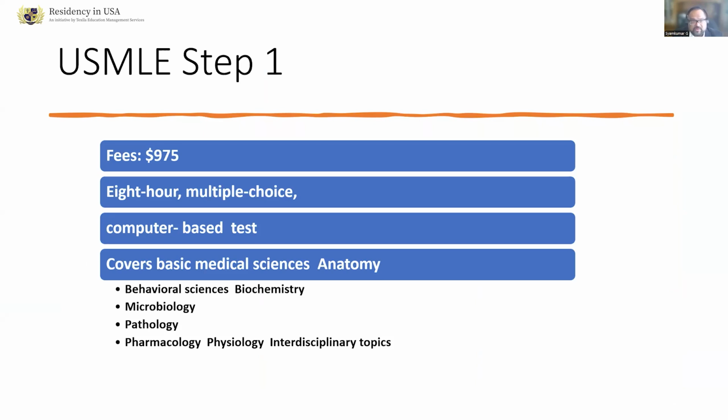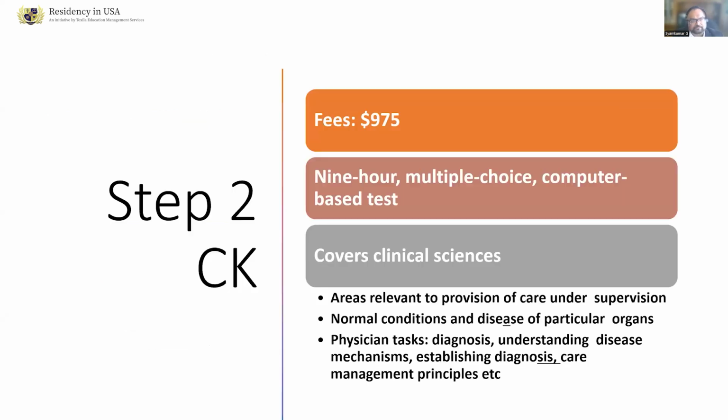It runs for around 8 hours, and the exam fee is $975. You can go to the ECFMG website, create a user account, and register for the USMLE examination at a Prometric center close to where you live. It tests your knowledge of basic medical sciences, including anatomy, physiology, microbiology, pathology, and so on. That's what USMLE Step 1 is.